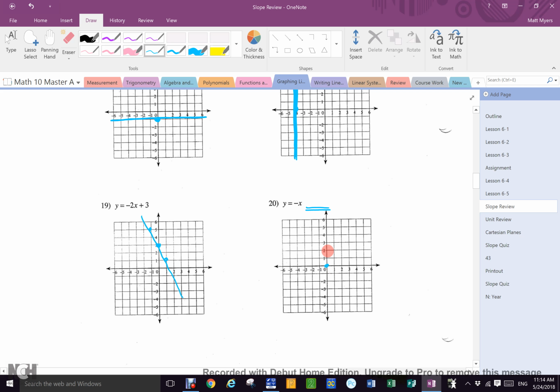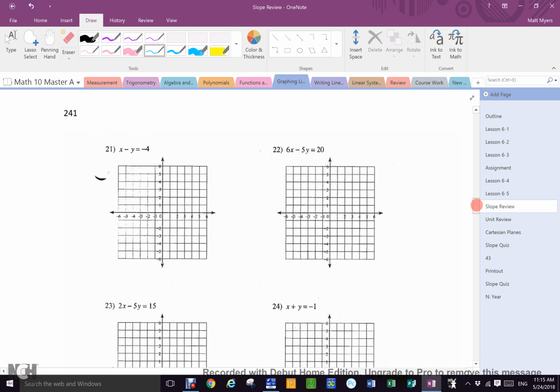What is your slope? -1. So it is this line. Making that page out of 10. Any questions? Once? Twice? Thrice? Okay.